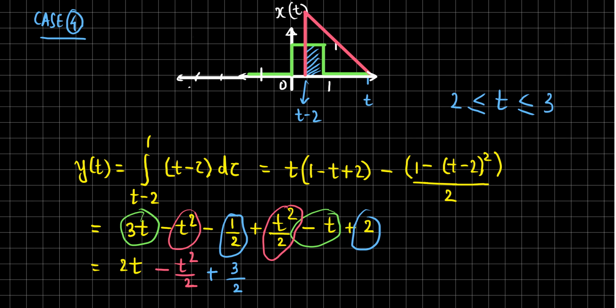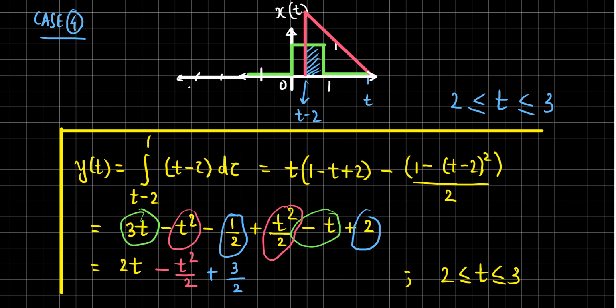Now this will be the case if and only if this small t is in the range of 2 to 3. So this is the equation of y of t if t lies between 2 to 3.